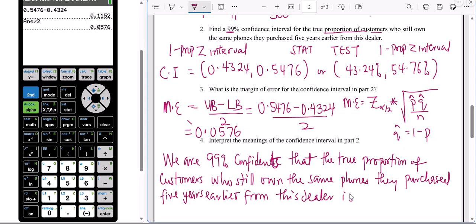So we're talking about the entire proportion is between 43.24% to 54.76%.